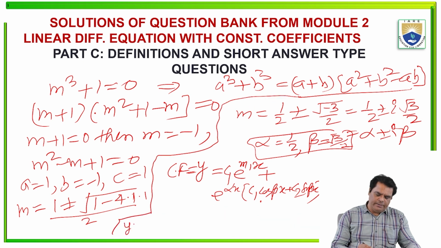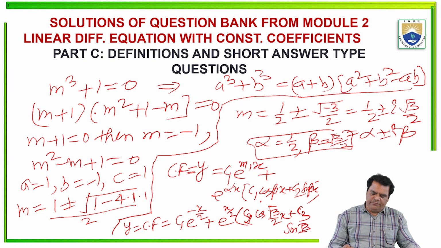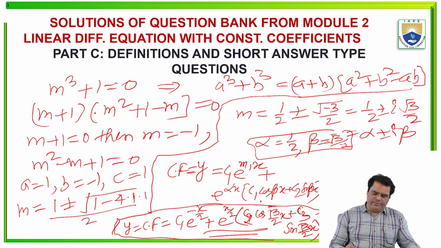We can write y equal to CF: C1 e to the power minus x plus e to the power 1 by 2 x, in bracket C2 cos root 3 by 2 x plus C3 sin root 3 by 2 x. This is the complete CF of our question.